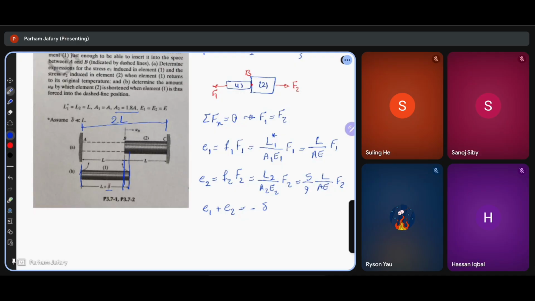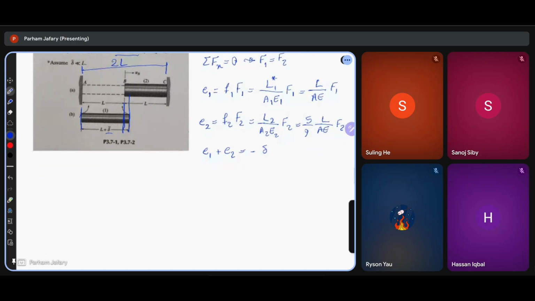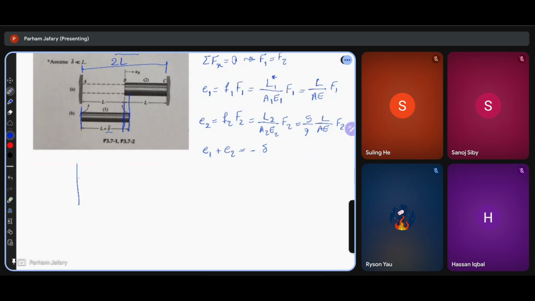Why is delta negative? Because we have compressed the element by delta. If it was another question, for example, with two elements like this and a wall here, which is also one of the common ways of giving this, they would tell you that we have a delta T of, say, 100 degrees.